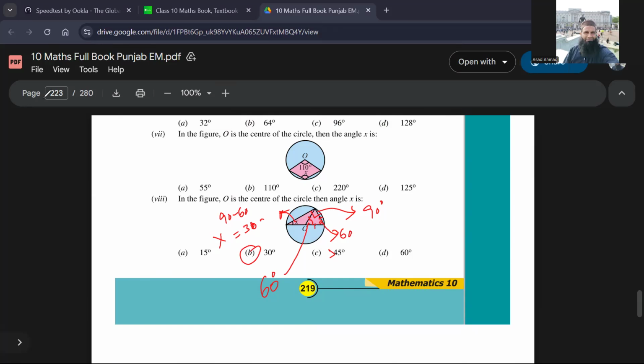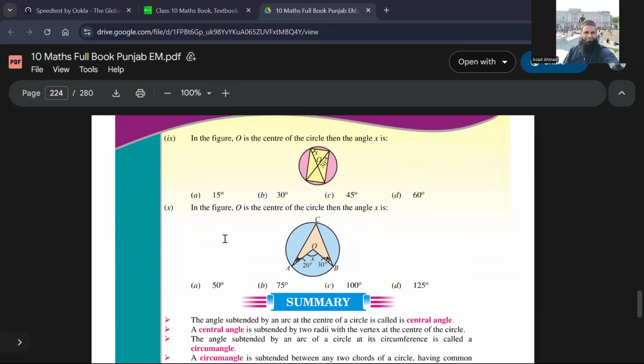Next, number 9. O is the center of the circle, angle x is required. So O is the center means that the diameter is there. So in that case, again, you need to find this part, which will become 30 degree. Why?